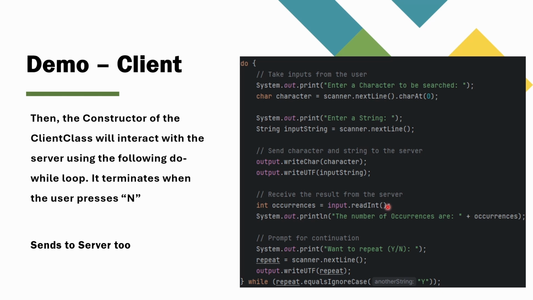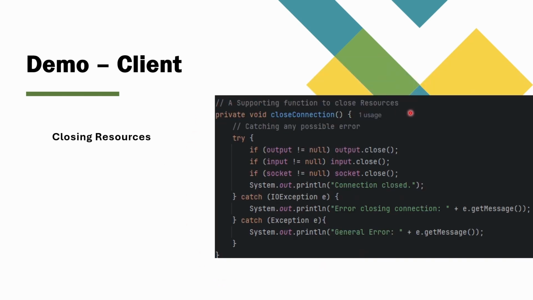We will get the output and display it. Finally, we ask the user of this program whether they want to use it more or not. If yes, then we will continue. If not, we will tell the server that the user wants to disconnect. Then the connection will be terminated. In a similar fashion, we will close any resources we used to avoid any problems.